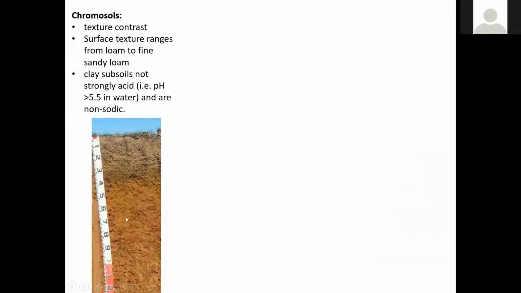That's important, because sodicity dissolves some of those clay particles so they don't stick together very well, and these soils don't have that characteristic. So chromosols have different topsoil and subsoil, but no sodicity or acidity at depth.